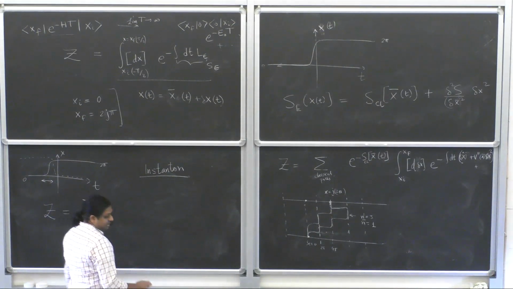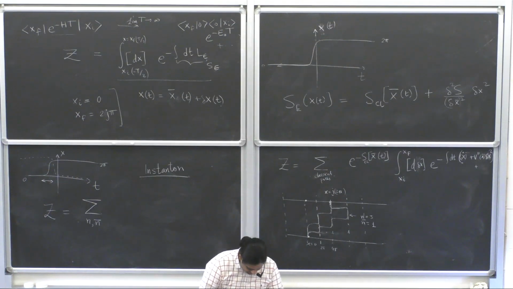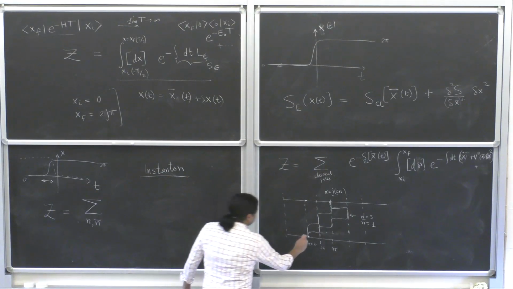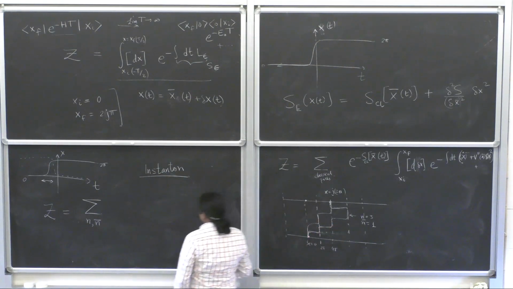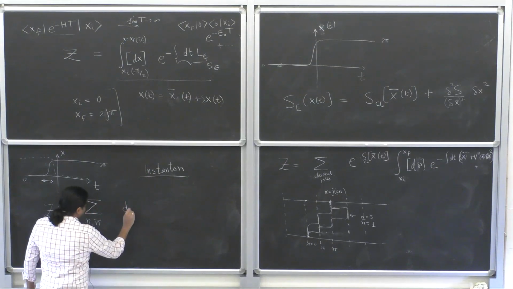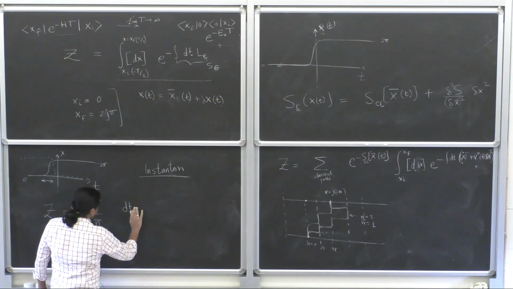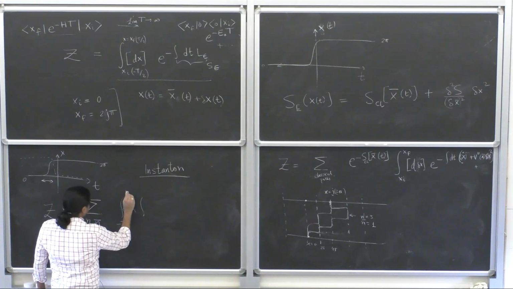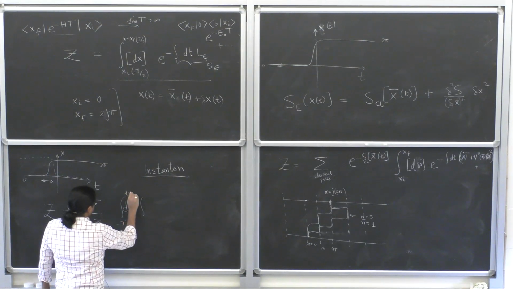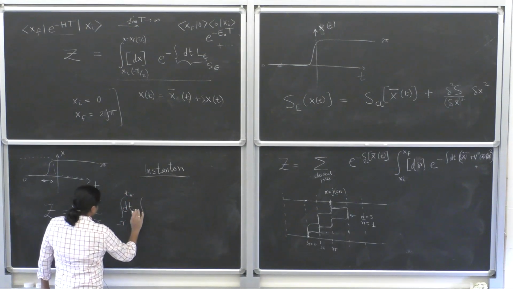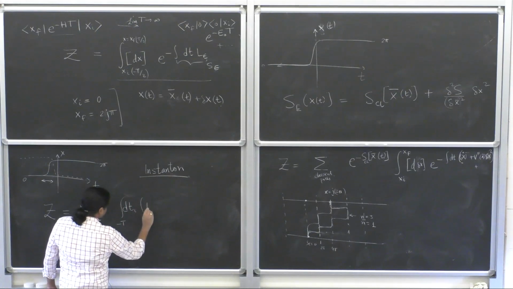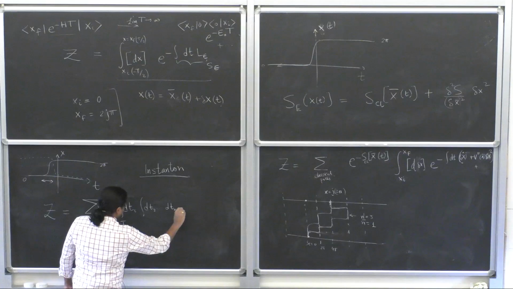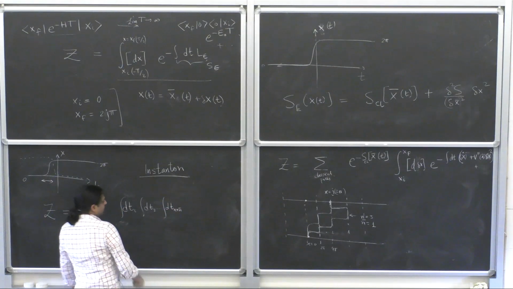So we would get something like this for the position of these instantons and anti-instantons. We would get an integral over their positions, in order of their appearance.